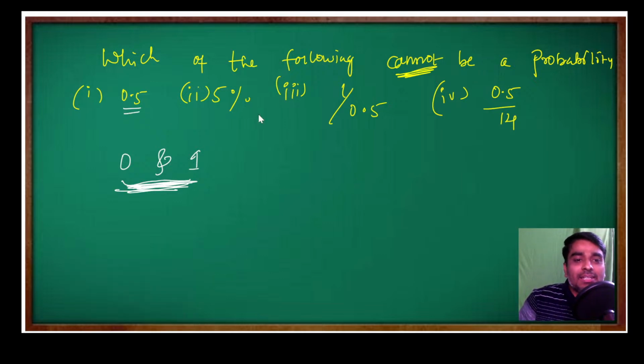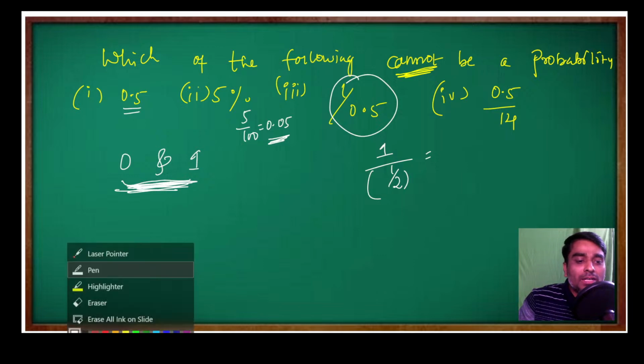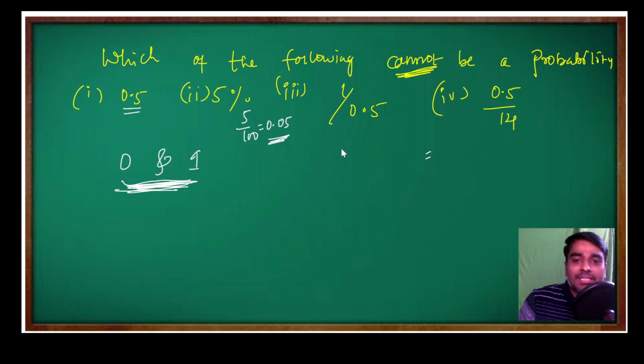So 5% means 5 by 100, which is 0.05. This also lies within the limit. 1 by 0.5 means 1 divided by half, which is actually 2, no wait, as spoken: this will just be a 0.5, that's all.